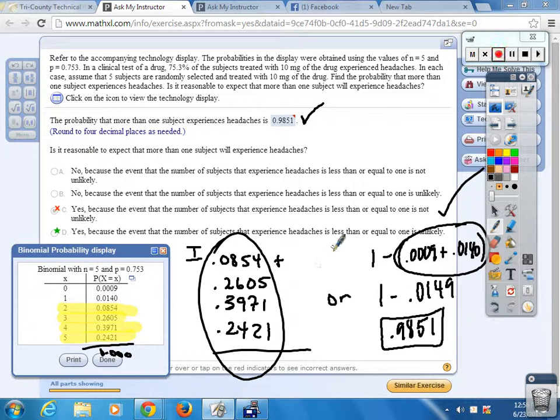The second way is 1 minus the complement, which is 1 minus 0 and 1. And we'll put this in green. 0 and 1 is what we're not looking at, so we're using that as the complement.